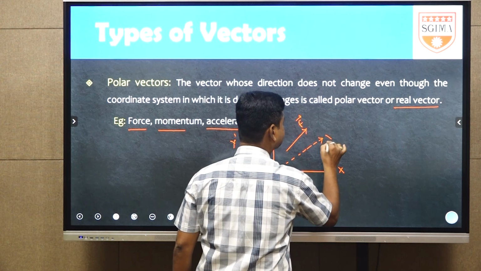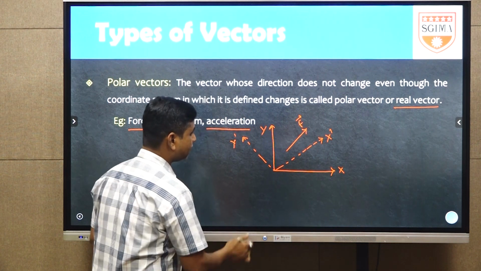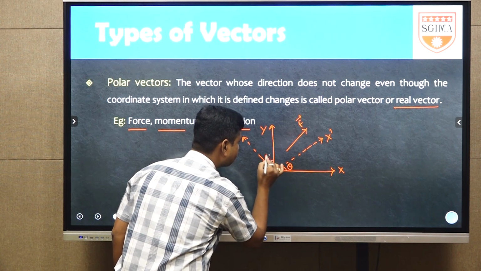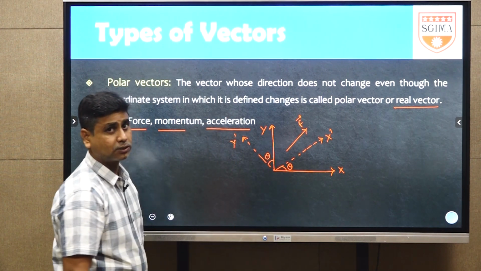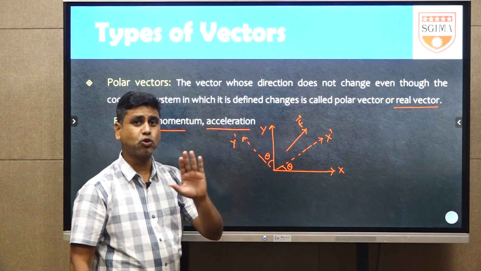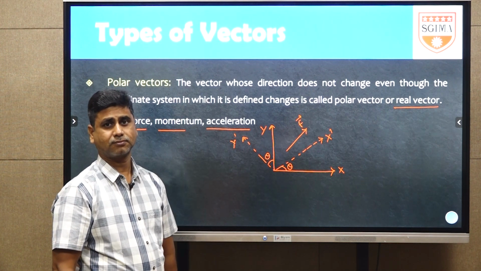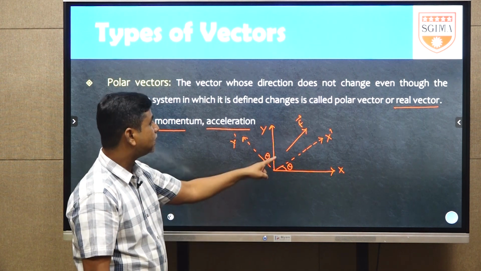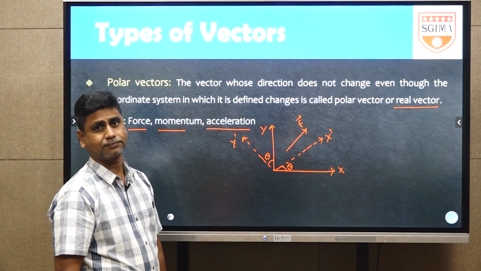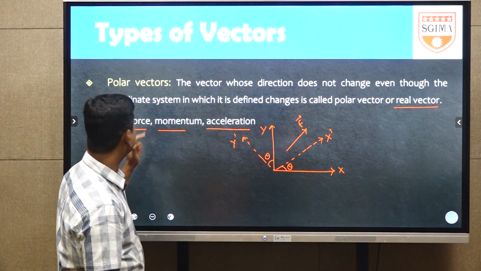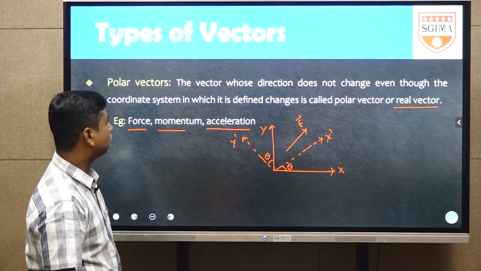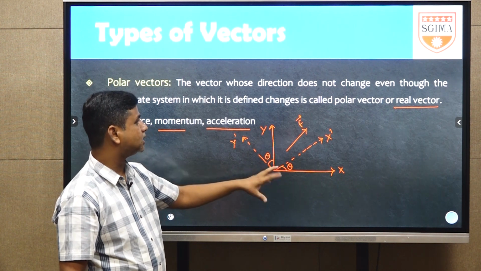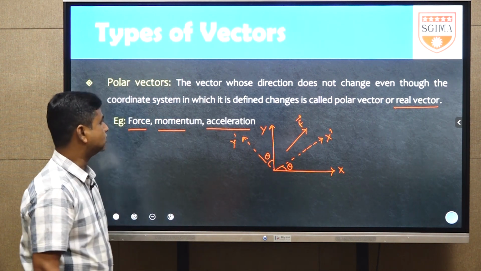It means the xy plane is rotated by an angle theta, but the direction of the applied force has no change. The direction of the applied force is independent of the coordinate system. Then the vector is called a polar vector. If the coordinate system changes, the force vector does not change.